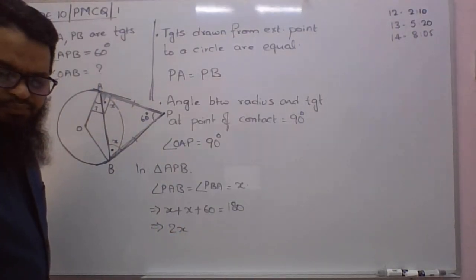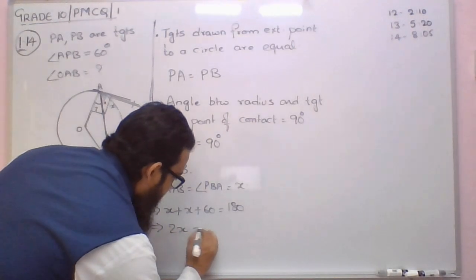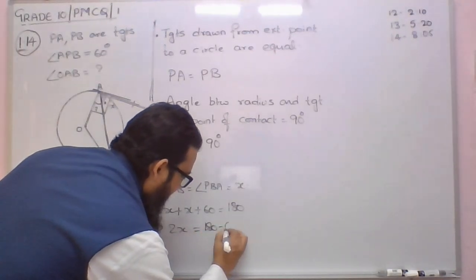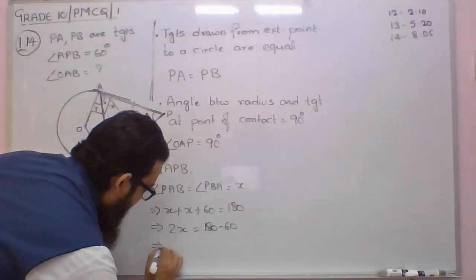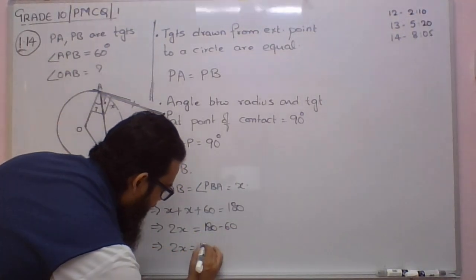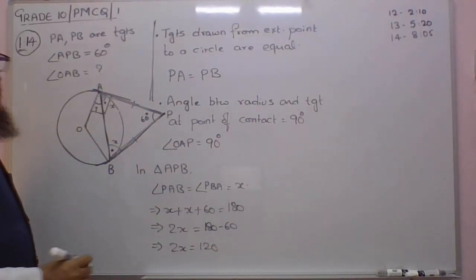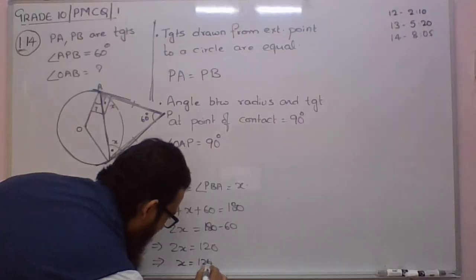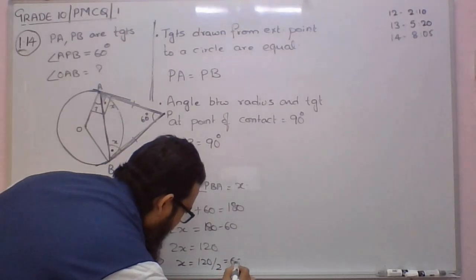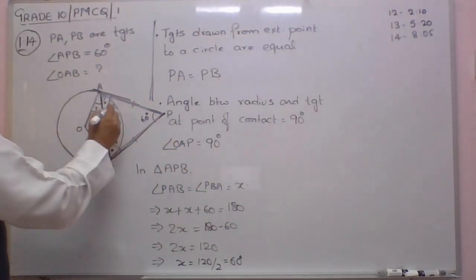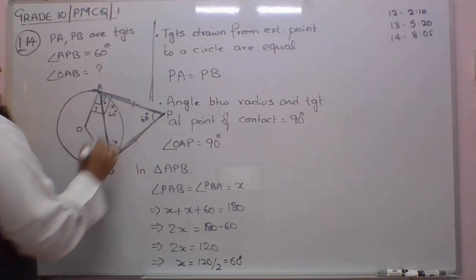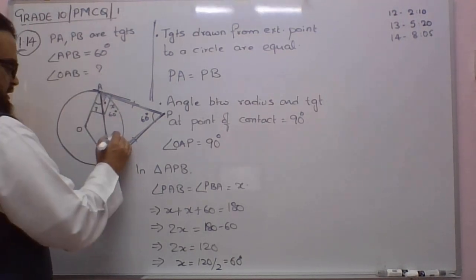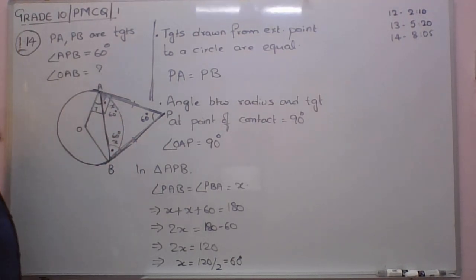Is it right? So 2x is equal to 180 minus 60 degrees. That implies 2x is equal to 120. So x is equal to 120 by 2, that is equal to 60 degrees. So did you get this is 60 degrees? Understood? And this is also 60 degrees, right?